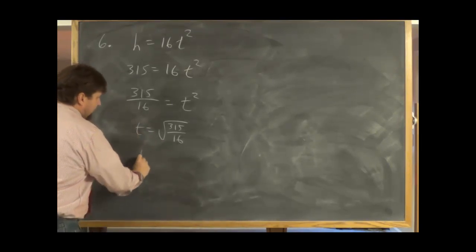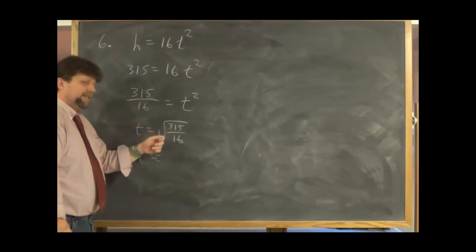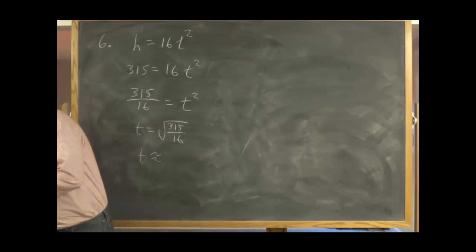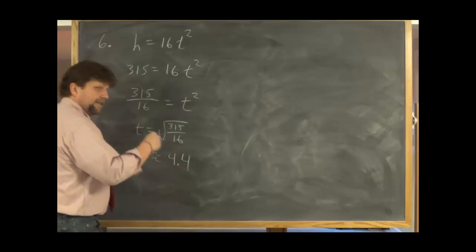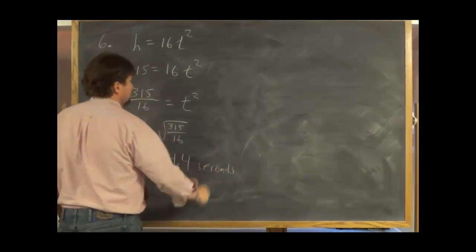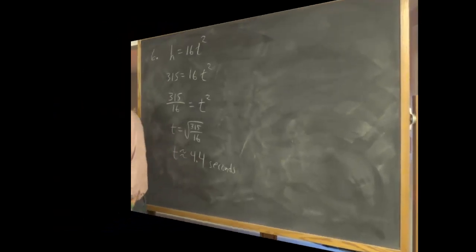And if I use my calculator and do 315 divided by 16, I take the square root of that answer, I get t to be pretty close, or rounded to the nearest tenth, to be 4.4 seconds. That's it for number 6.